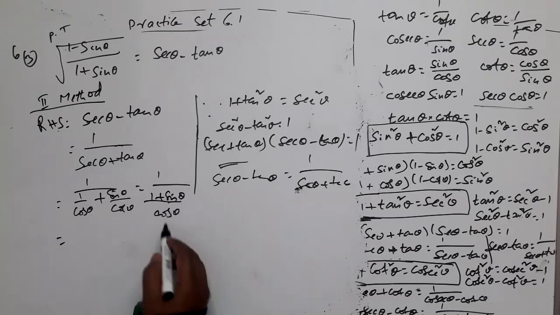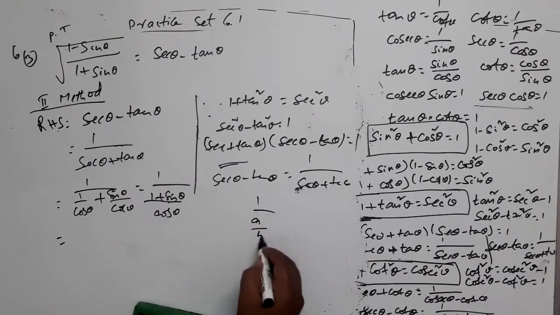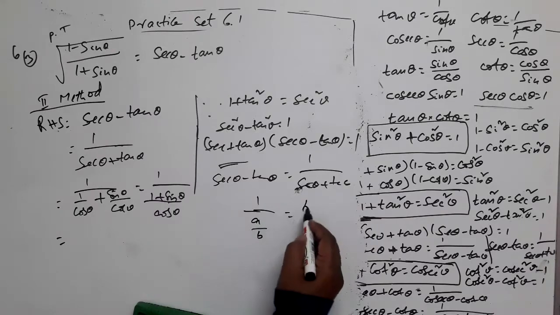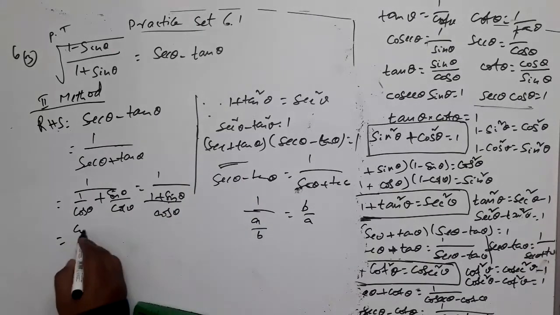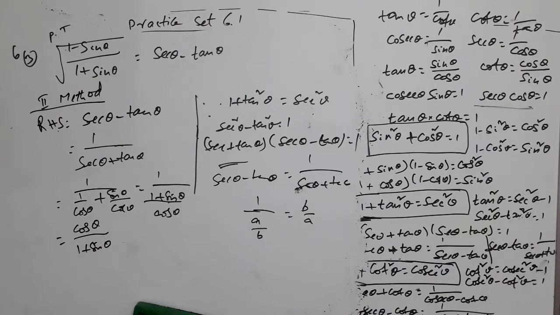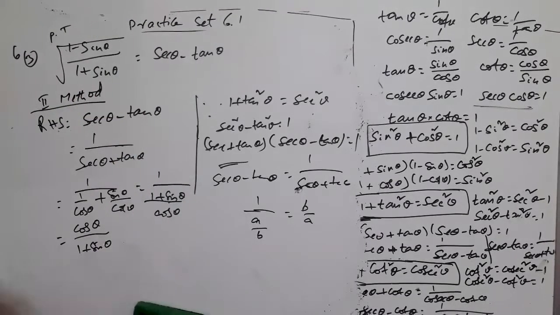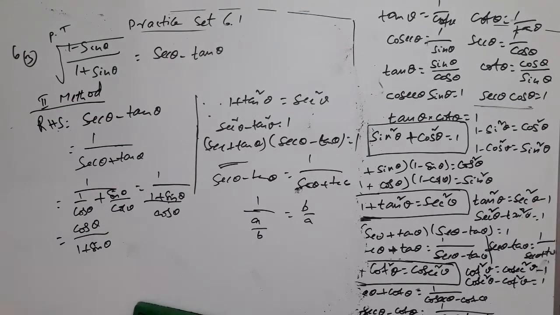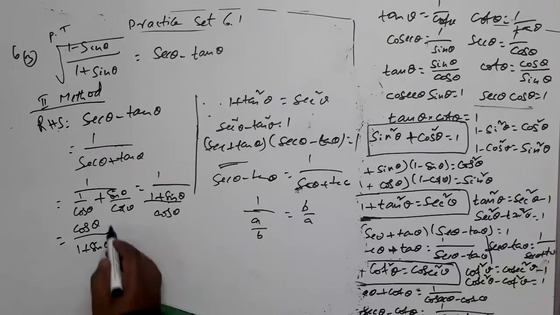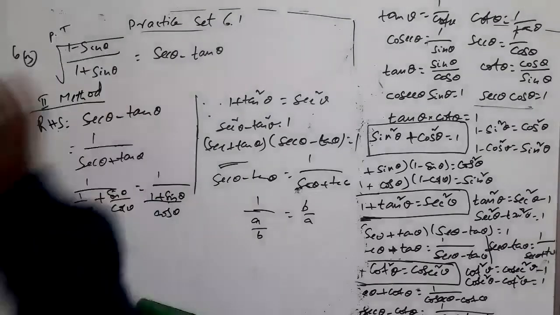So now this is of the form 1 by a by b, so this can be written as b by a. So this is cos theta by 1 plus sin theta. This is what I have got now. Left hand side part contains 1 plus sin theta in the denominator. Here also I have got the denominator as 1 plus sin theta. But I won't have square root. I want square root, and also I don't want cos theta. What shall we do?